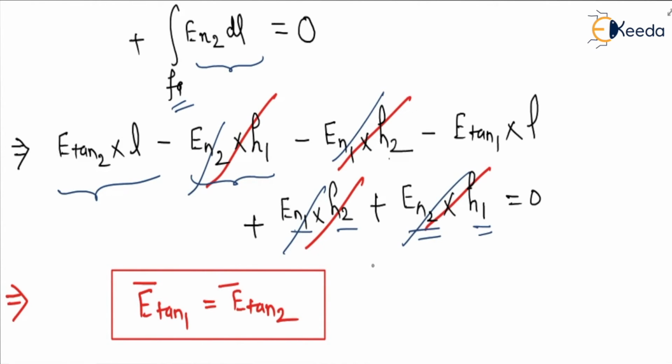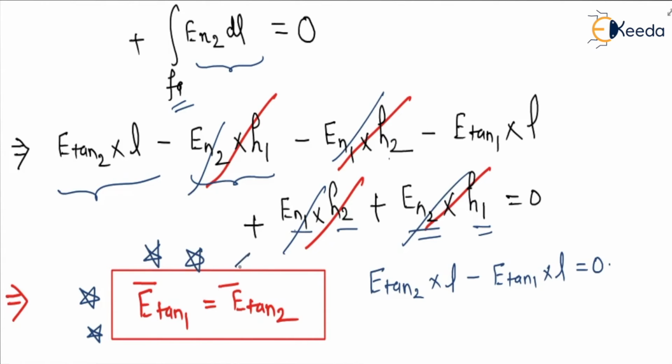So what will we get? We will get Et2 into L minus Et1 into L is equal to 0, and when we solve, we get this boundary condition, Et1 is equal to Et2. So this is our first boundary condition which we have obtained from the rule that circulation of E vector dot dl vector is equal to 0.